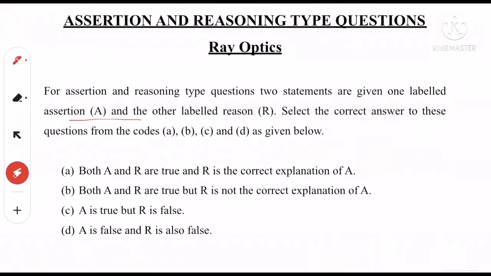If both assertion and reason are true and the reason is the correct explanation of the assertion, then we select A. If both are true but the reason is not the correct explanation, we choose B. If the assertion is true but the reason is false, we select C. And if the assertion is false and the reason is also false, we select D. So in this way we have to answer the assertion reasoning type questions.